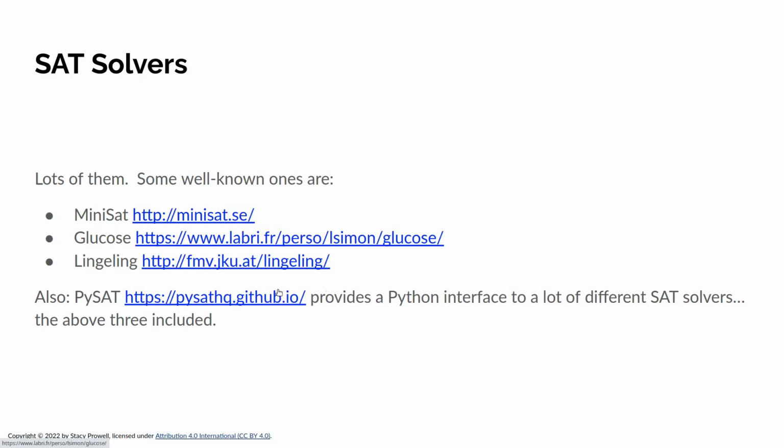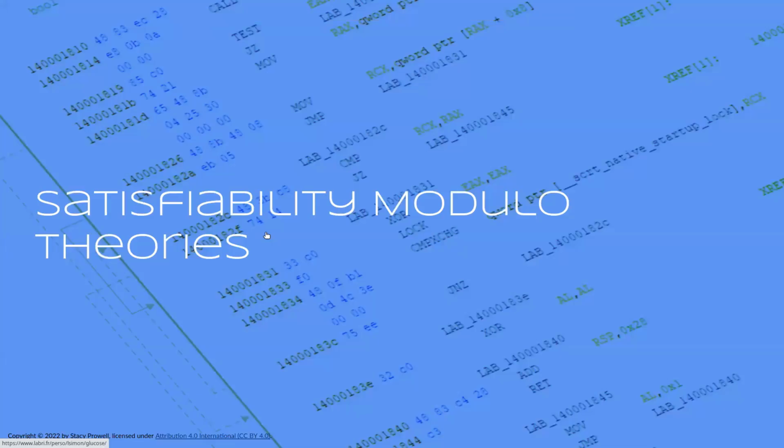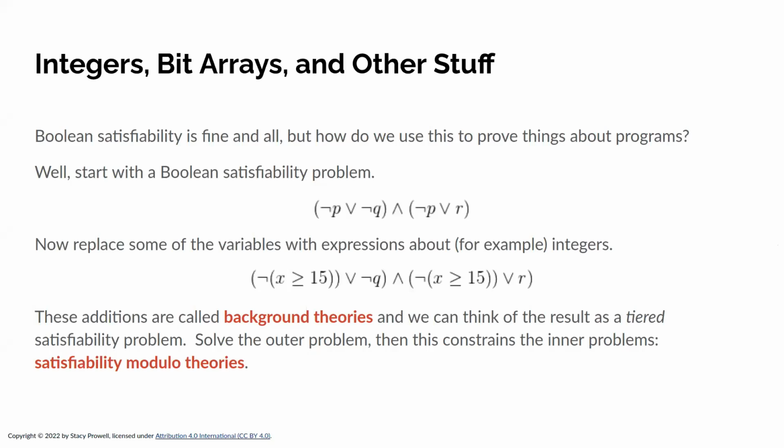There's lots of good uses for satisfiability solvers out in the world. But let's get a little bit different, and let's talk about satisfiability modulo theories. Satisfiability is just fine, but we're just talking about these Booleans.